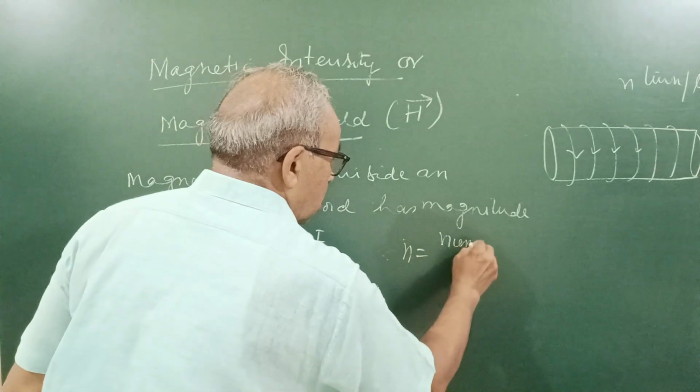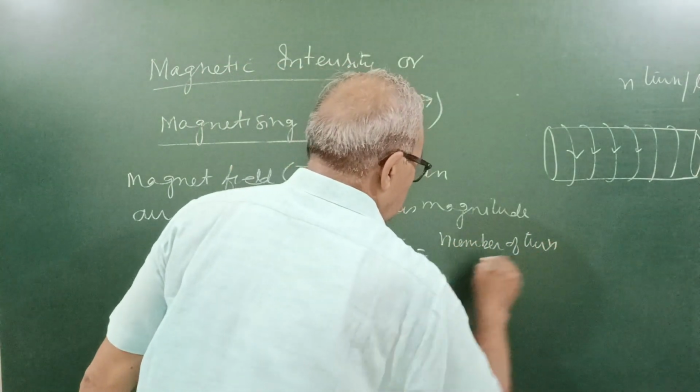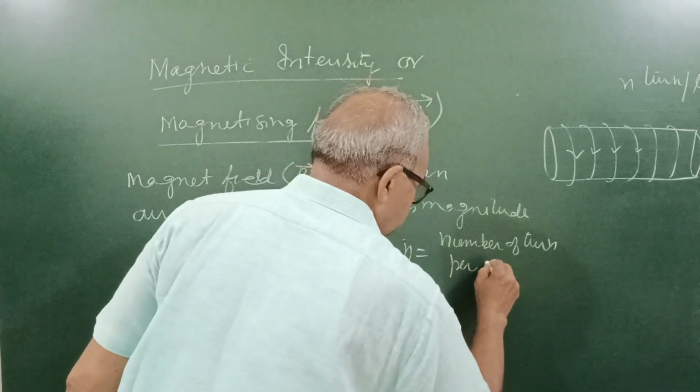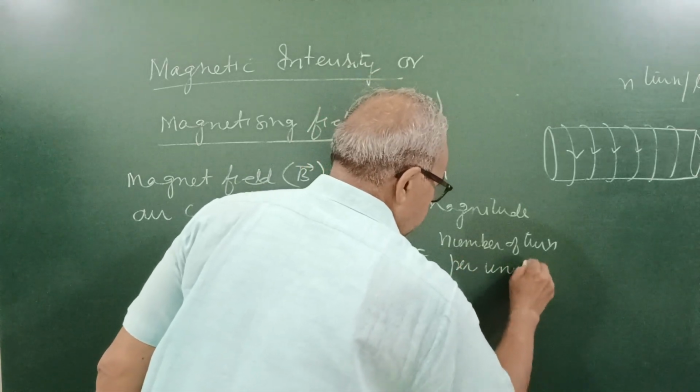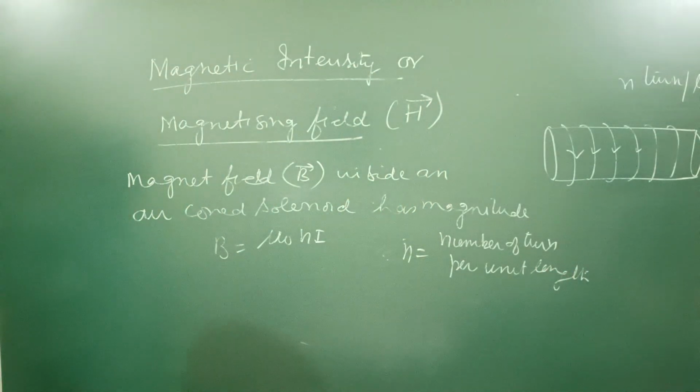Number of turns per unit length. Number of turns per unit length, mu 0 n I.